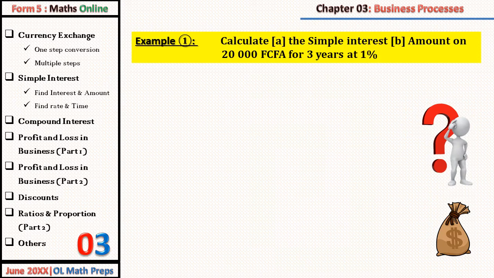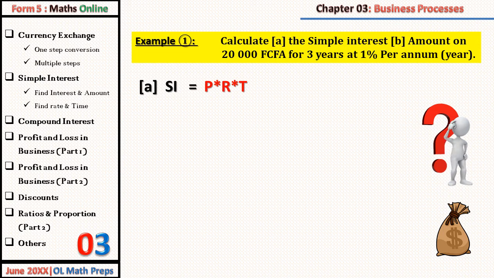Calculate A, the simple interest, and B, the amount on 20,000 FCFA over 3 years at 1% per annum. Annum means year. So whenever you see the word annum, it stands for year. The A part requires us to calculate simple interest, and simple interest equals principal times rate times time.